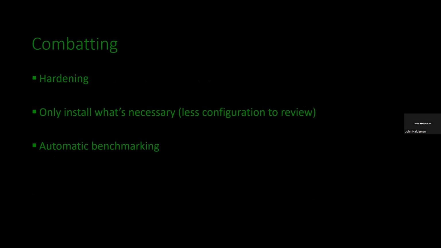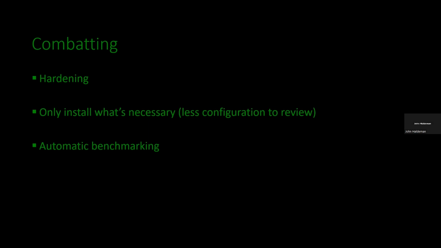Well, one is hardening. This is the process of taking your application and application middleware and removing all the extraneous stuff so that only what you need is running. That's like attack surface management. If you deploy Apache HTTP as a web server, there's a whole bunch of plugins associated with it.